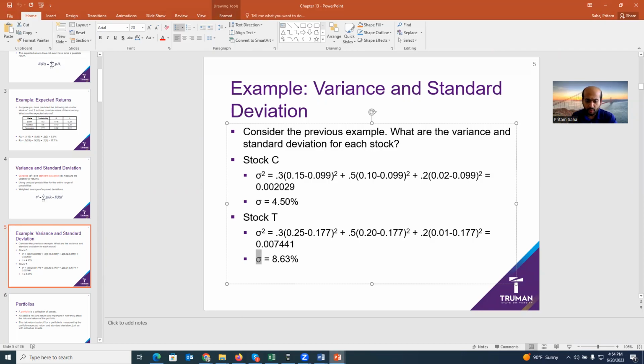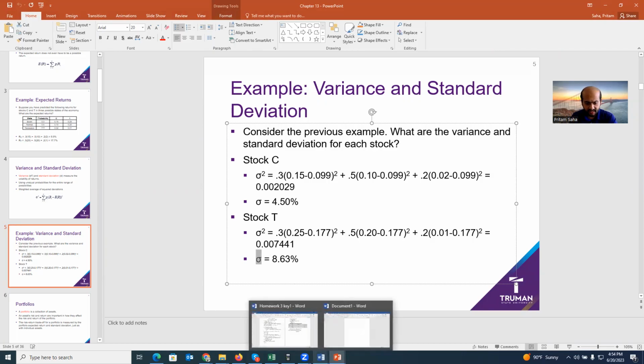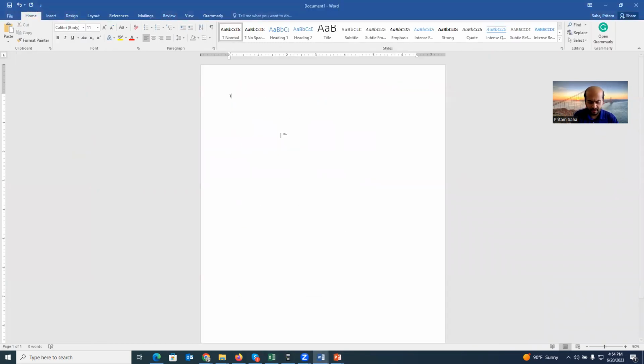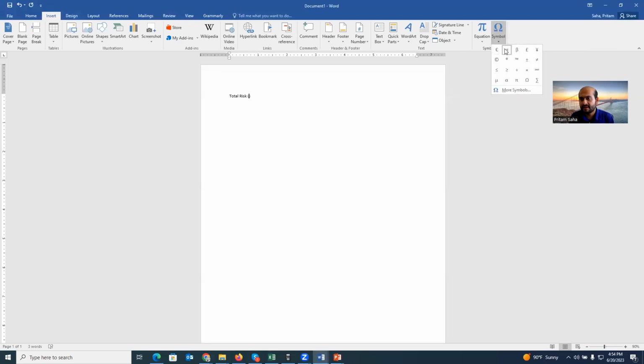Now it has two components. Total risk is denoted by sigma, let's see if I can find the sigma sign. Yes, I got it. Sigma has two components: systematic risk and unsystematic risk.